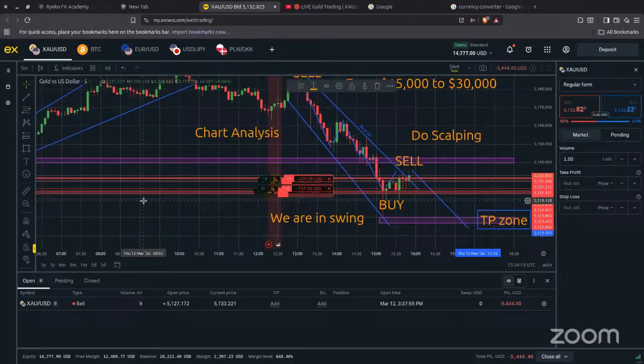Yeah, just crossed our TP zone. This is where we have drawn. Yeah, but I also told you, sometimes it goes up, then it starts consolidating. Yeah. That's the thing I just don't like.